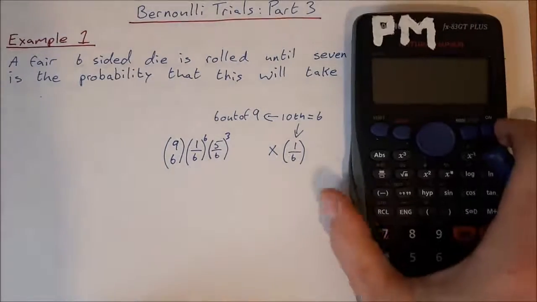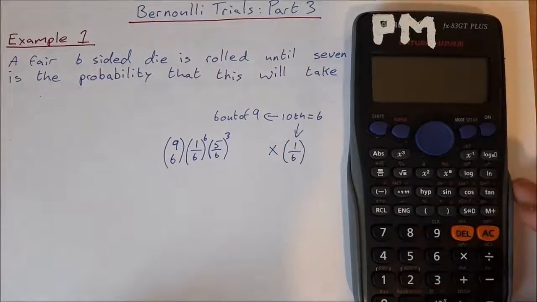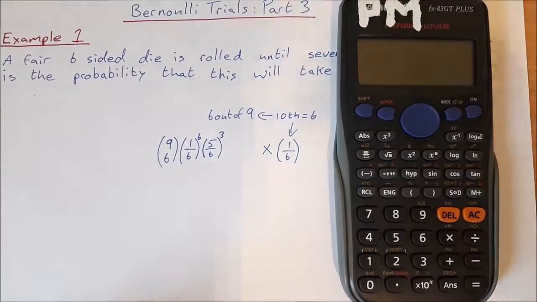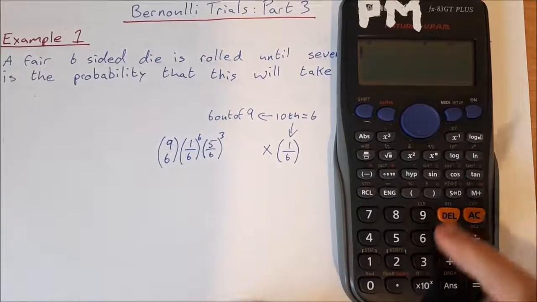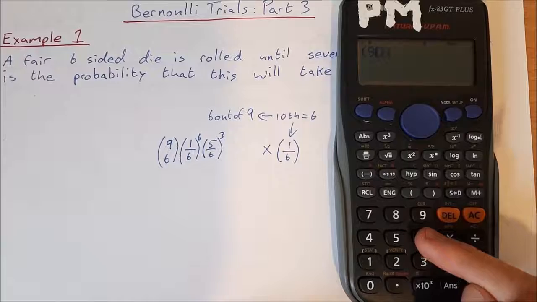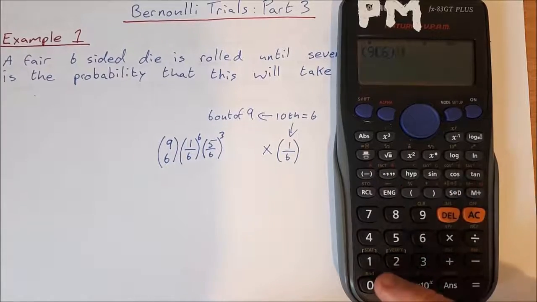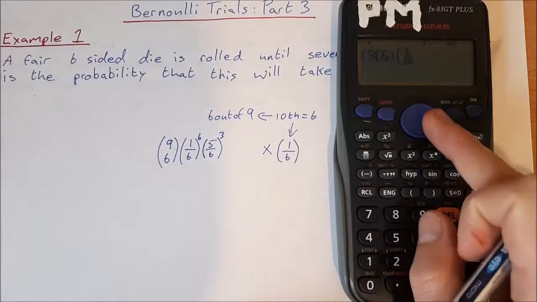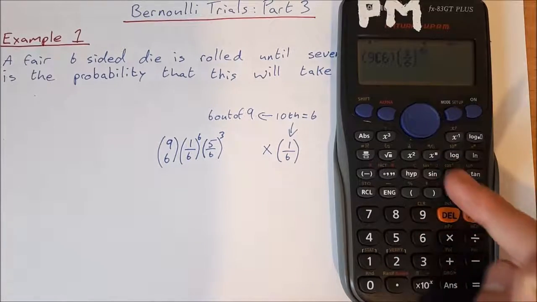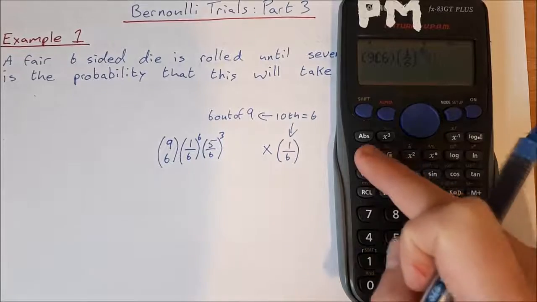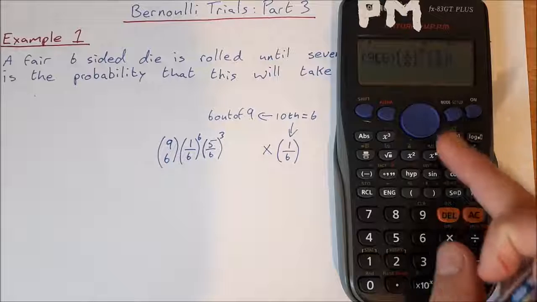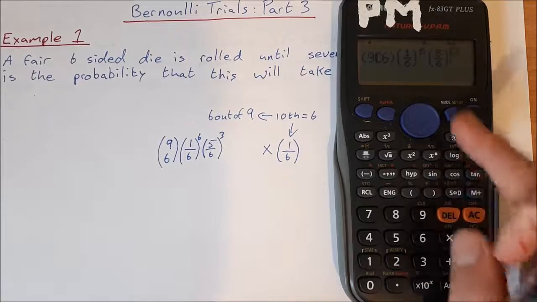So we go to our calculator, and we can do this in one go. So we have 9 choose 6 times 1/6, that's just to the power of 6, and then it's times 5/6, and that's to the power of 3.